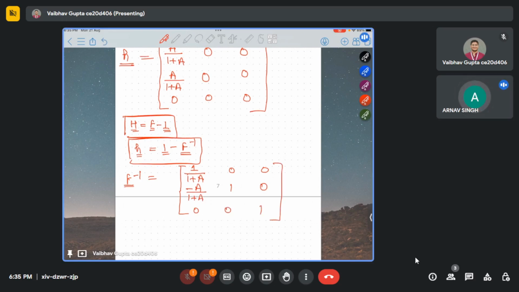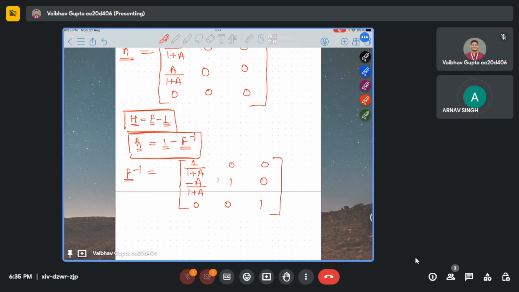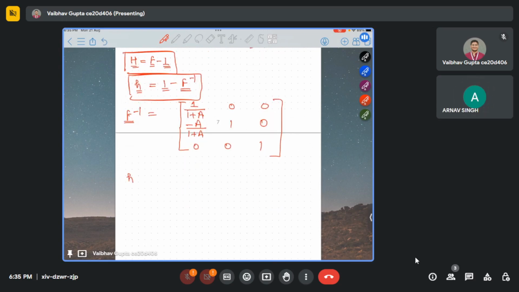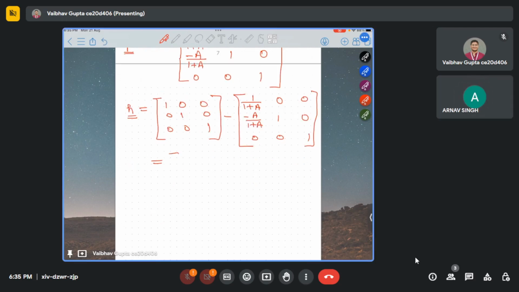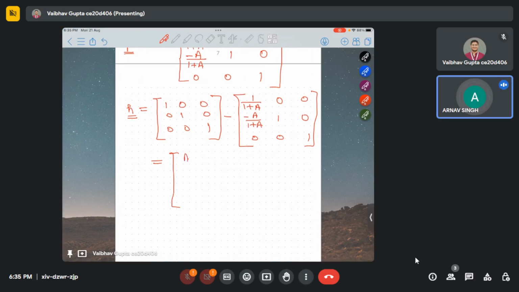So this is the F inverse. Now h is nothing but I, which is 1 0 0, 0 1 0, 0 0 1, minus F inverse. If you do this, what will you get? 1 upon a, 1 plus a.